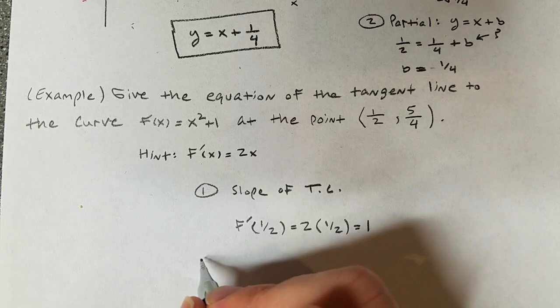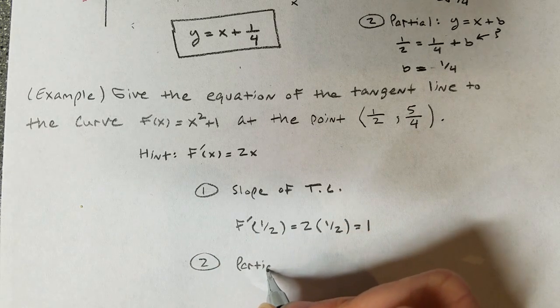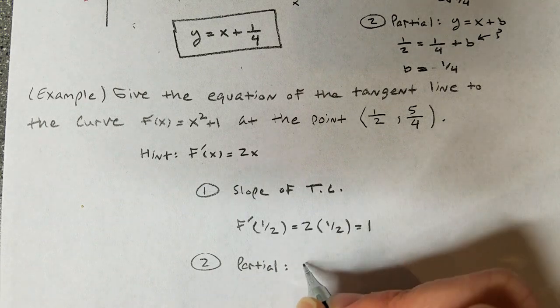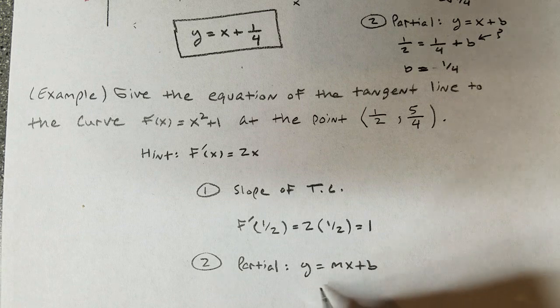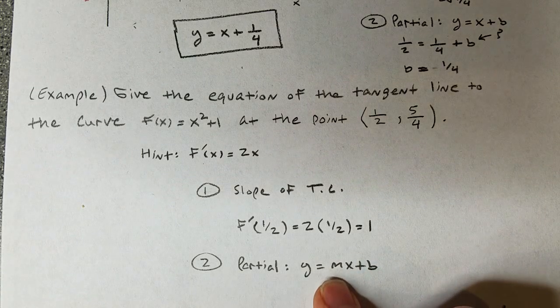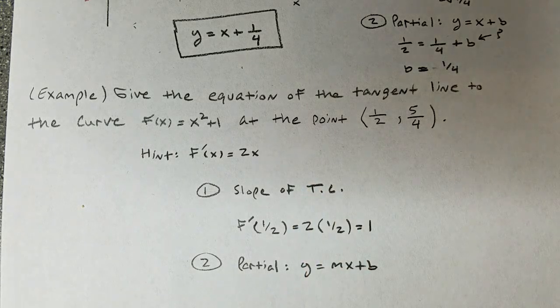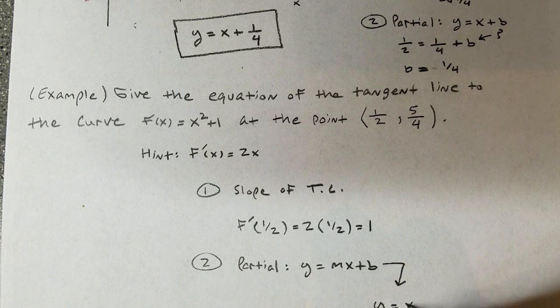And then as a partial answer, since I know the form the answer takes is y equals mx plus b, the equation of a line, and the tangent line's a line, so it looks like that. Well, then I know that as a partial answer, it's y is equal to x plus b.